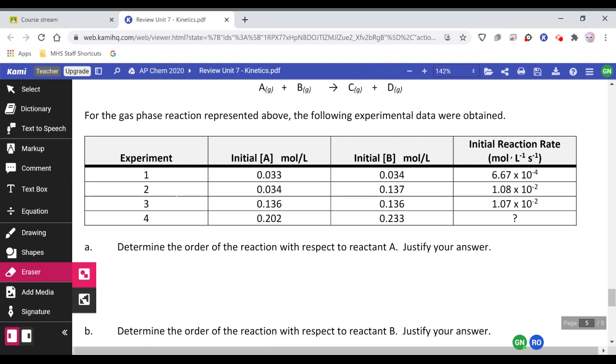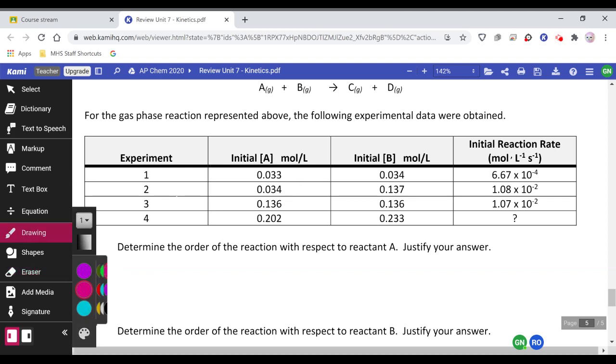In order to be able to use inspection, we have to see that the concentration of A was held constant for one experiment from one to another, and concentration of B was held constant from one to another. And so we see on experiments 1 and 2, I'm told that this is close enough for us to be able to use inspection, even though all the problems we've worked were exactly the same concentration. These are close enough that we can use inspection, I was told.